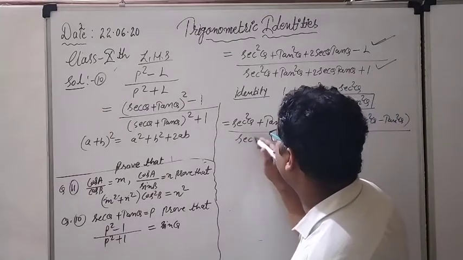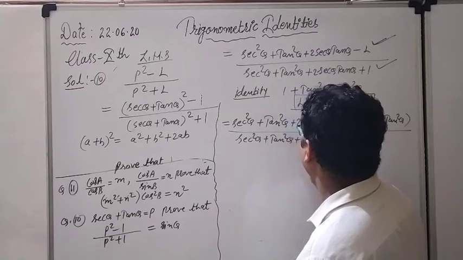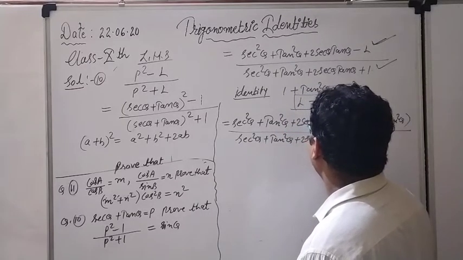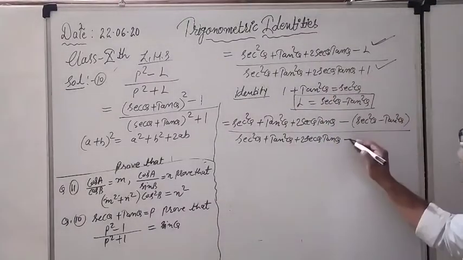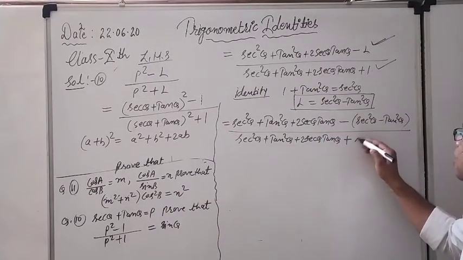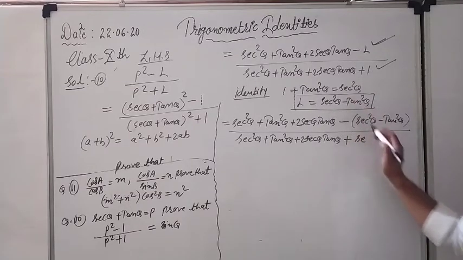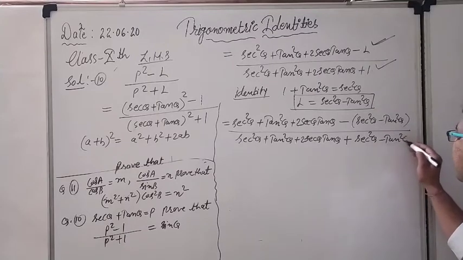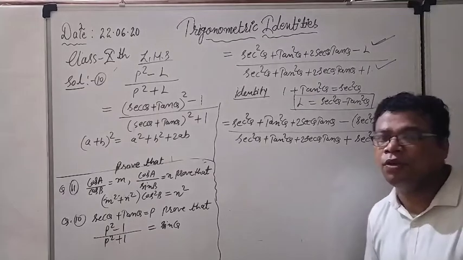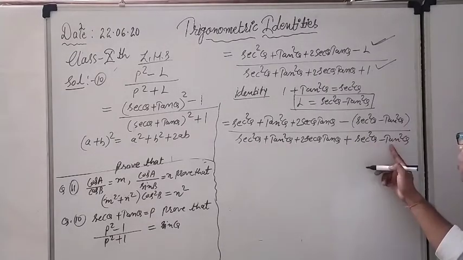Same, sec square theta plus tan square theta plus 2 sec theta tan theta minus, sorry, it is plus, so plus sec square theta minus tan square theta, because it is the plus sign. So without using the bracket I can write sec square theta minus tan square theta. Right now you will see in the denominator, first look at the denominator, sec square theta plus tan square theta, and here sec square theta minus tan square theta.